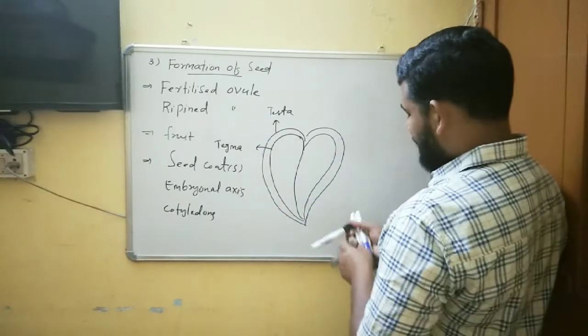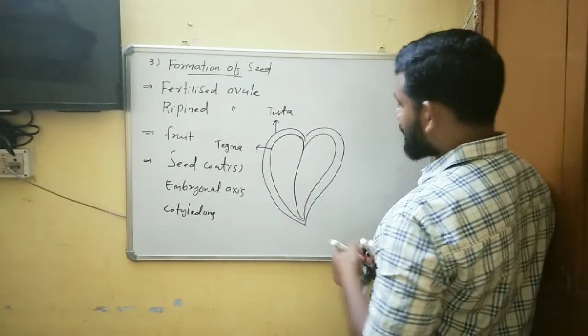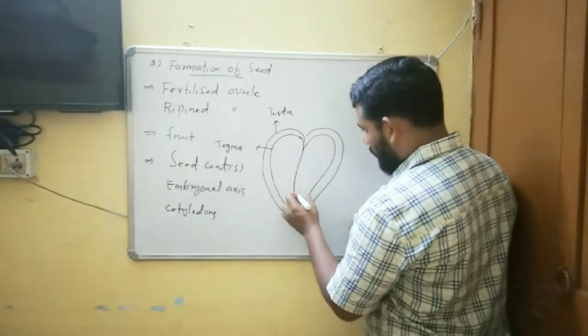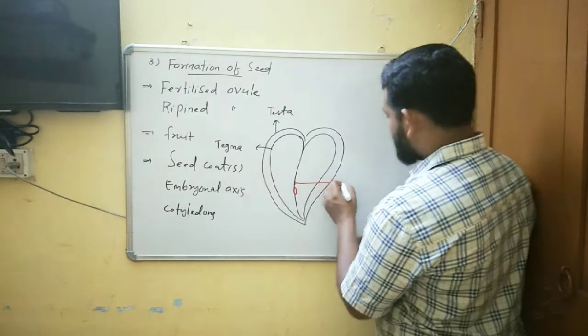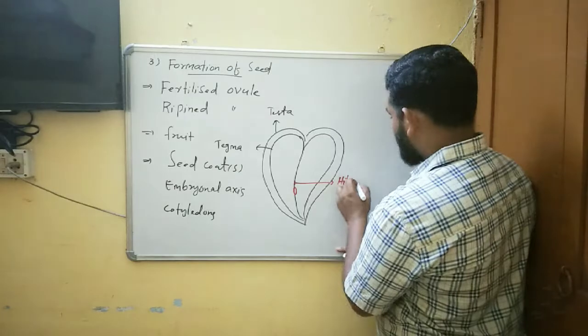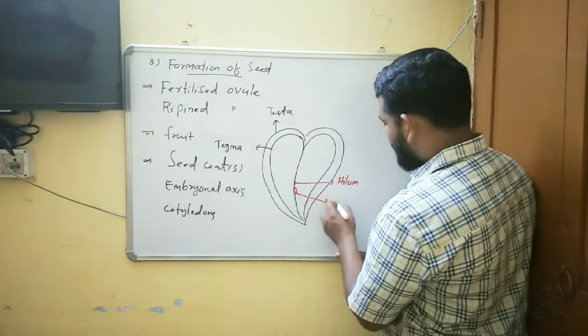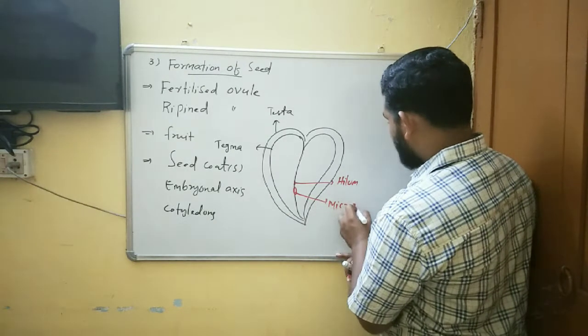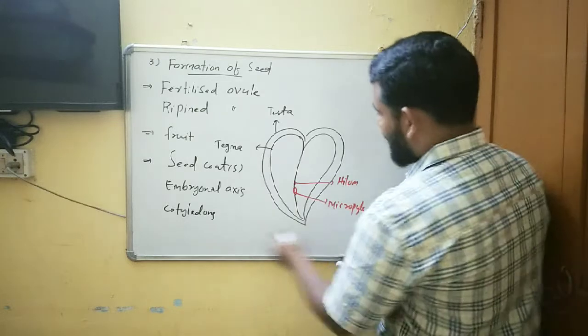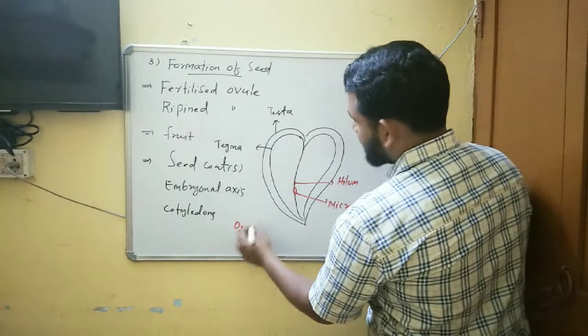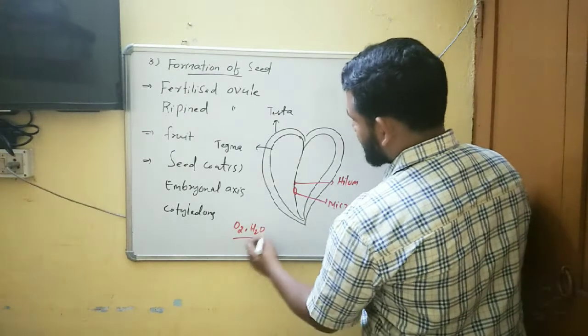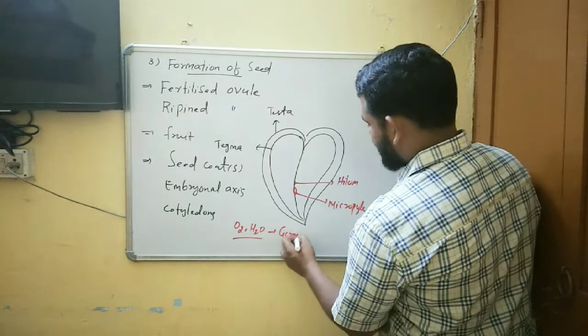The seed has a small opening and a scar. The scar is called hilum, and the opening present on the seed is called micropyle. This micropyle helps in the exchange of water and oxygen for germination.